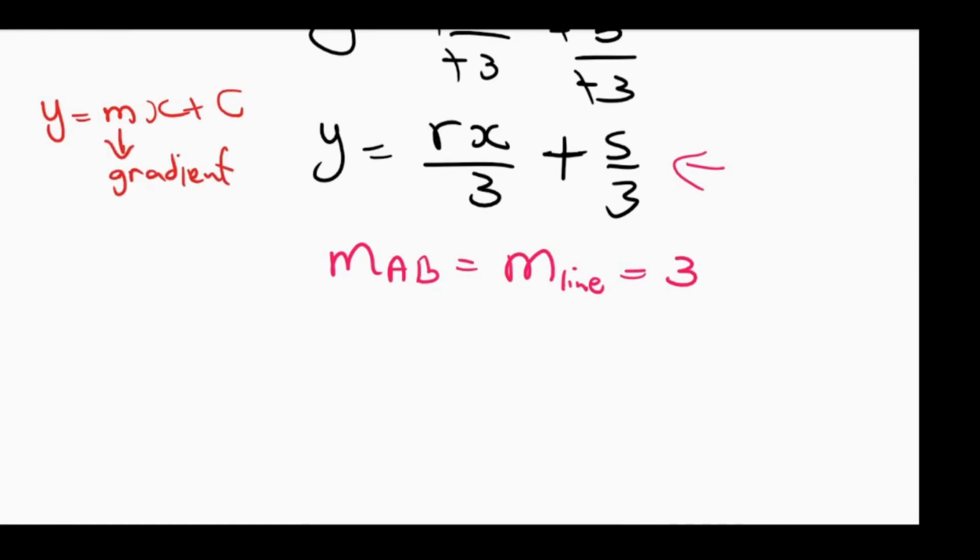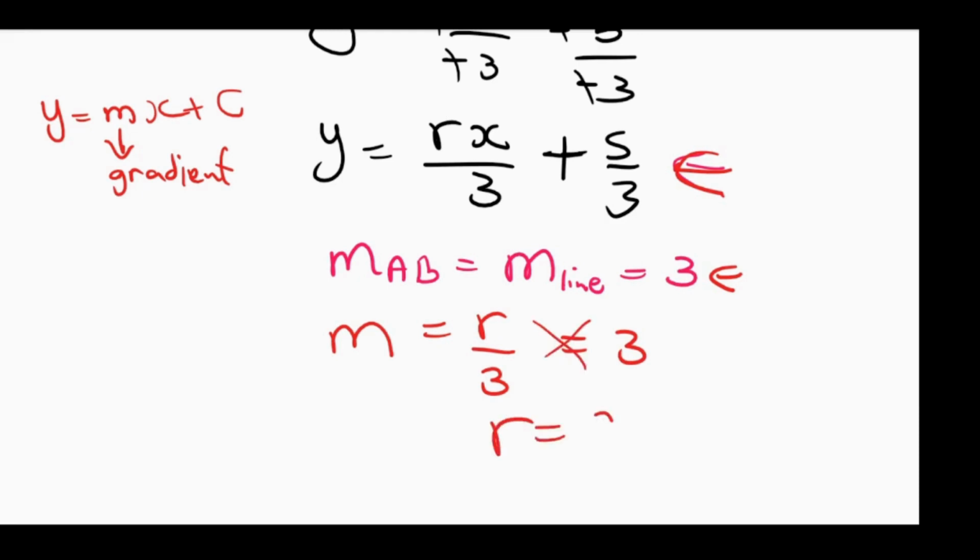In this case our m is equal to r over 3 in terms of this equation here, of which we know that this r over 3 is equal to the 3 here, this gradient here. So to find r, we're just going to cross multiply. So r is equal to 3 times 3, which is equal to 9. So this is the value of r.